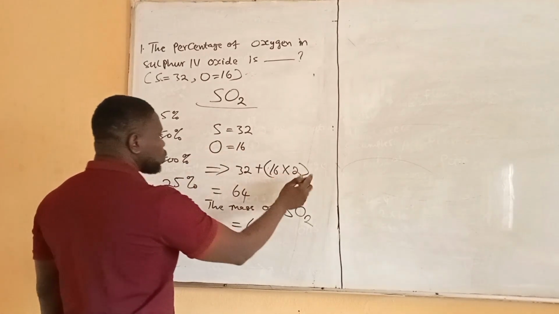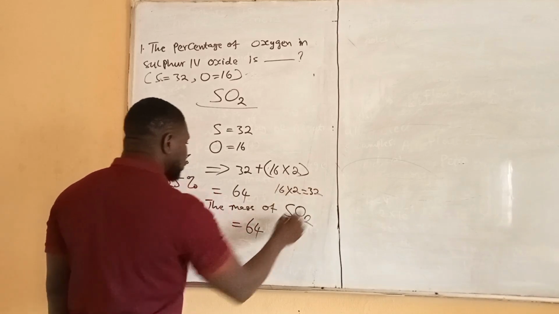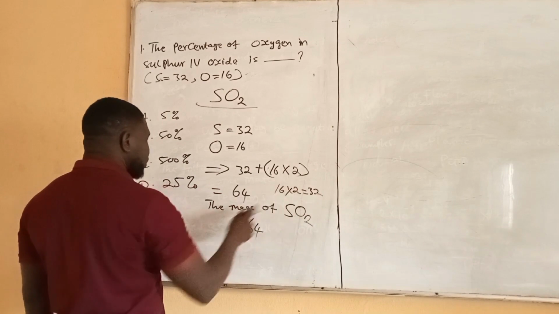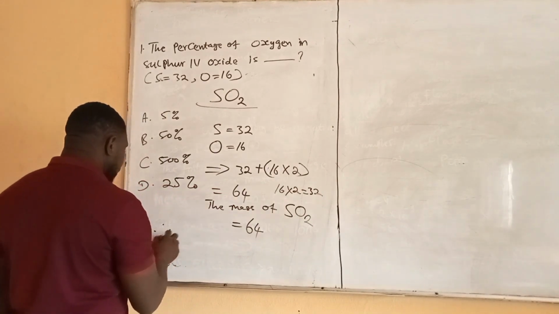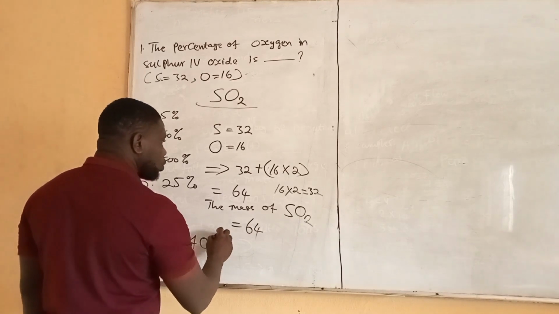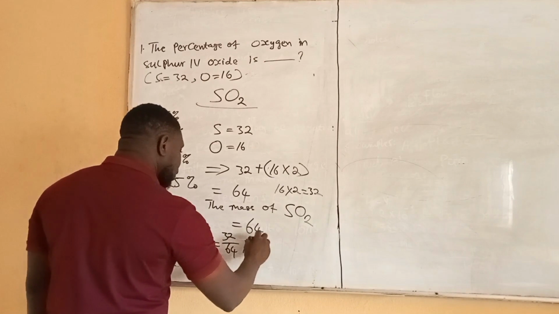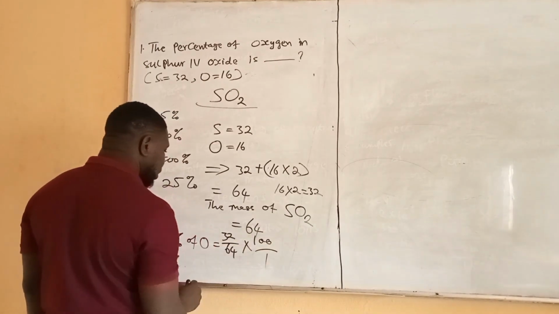So 16 times 2 will give us 32. Therefore the percentage composition of O will be equal to 32 over 64 times 100 over 1.